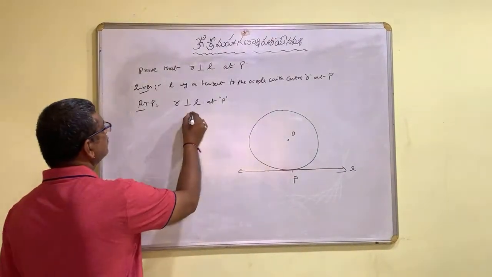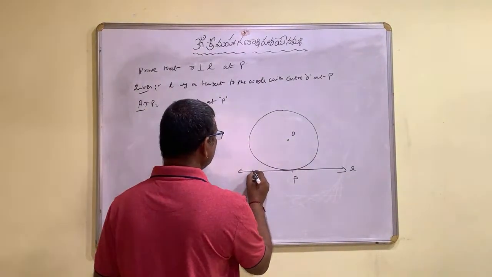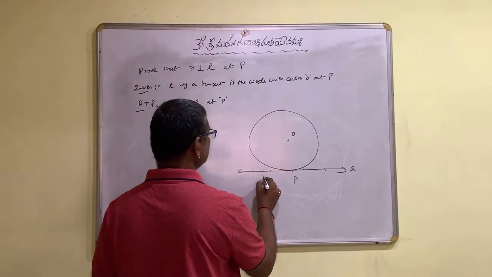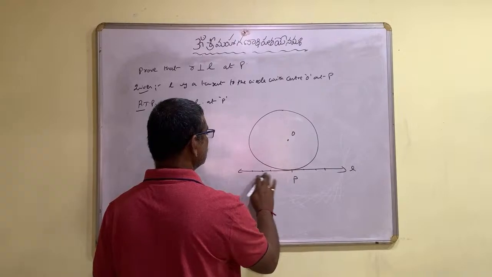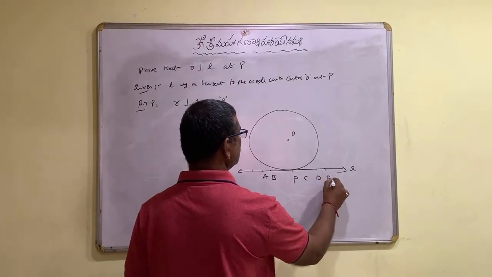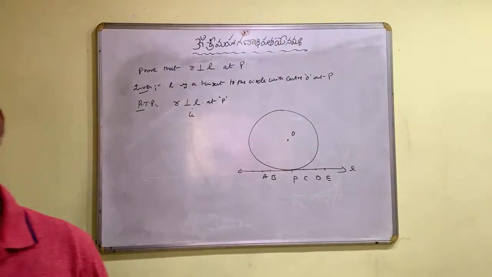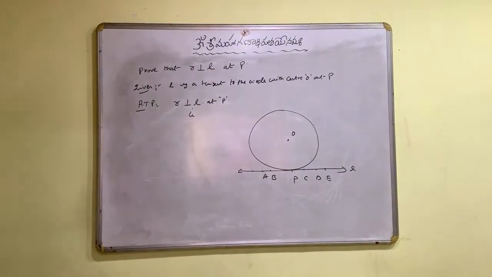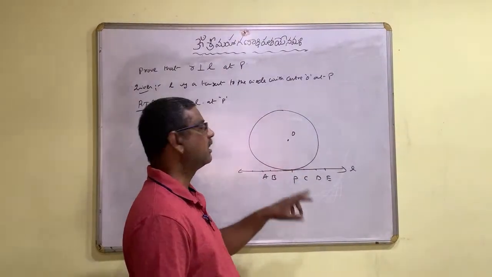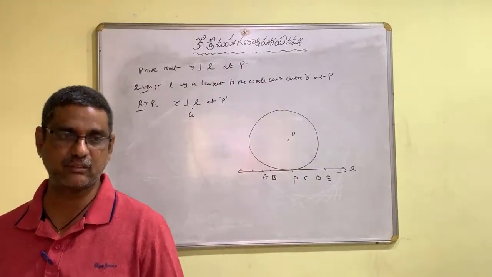That is, I am considering some points on the line L. I need to prove angle OPC or OPD or OP, whatever it may be, is 90 degrees.